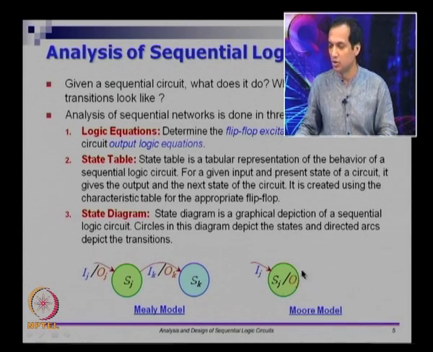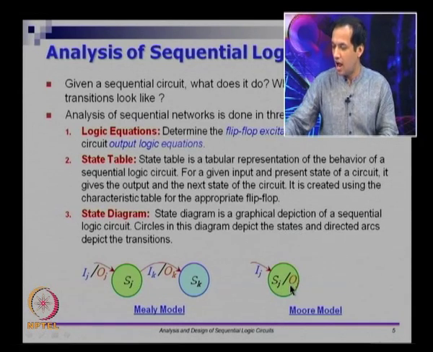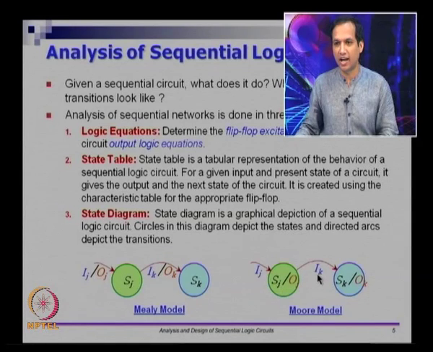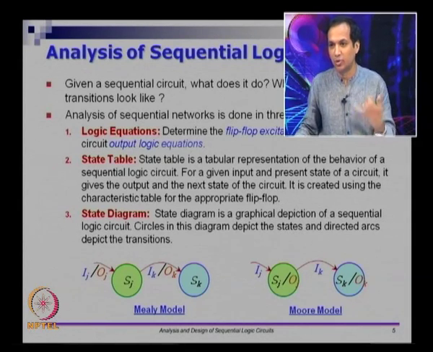So usually you mark it as Sj slash Oj. So Oj is the set of all the outputs at state Sj, and on getting an input Ik, you go to the state Sk. Again, because it is a Moore machine, the state uniquely determines what the output is going to be. So from Sk you can uniquely say what all the outputs are going to be.